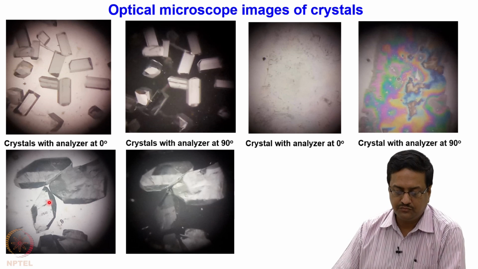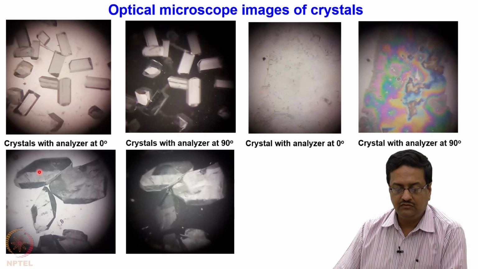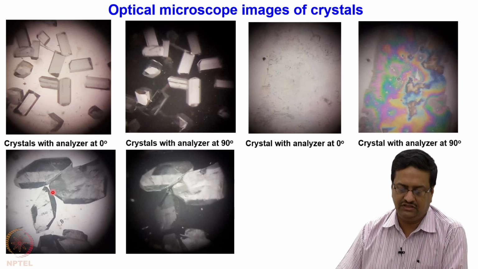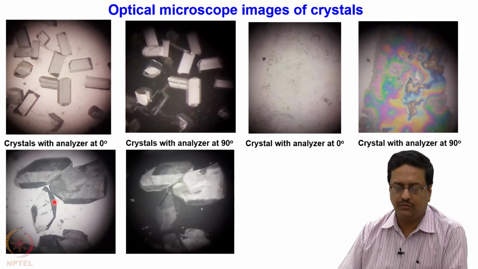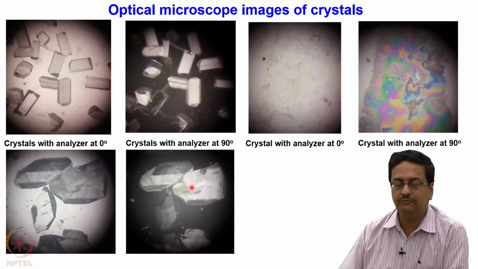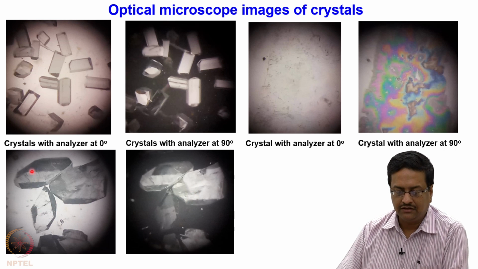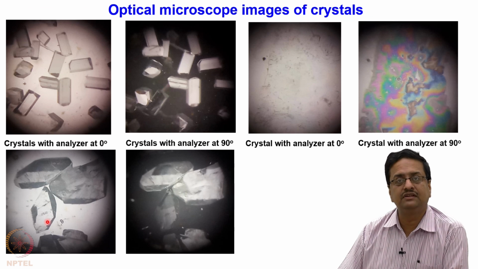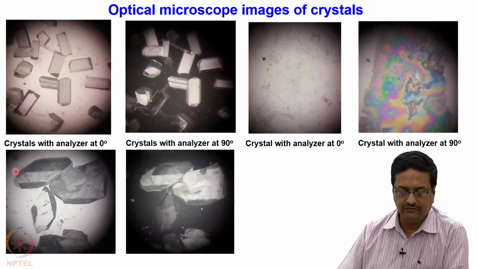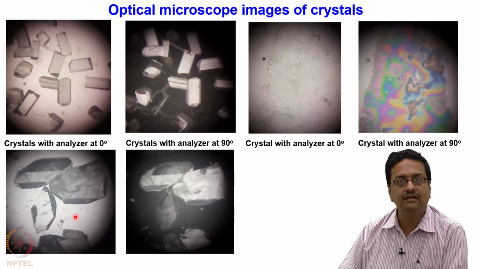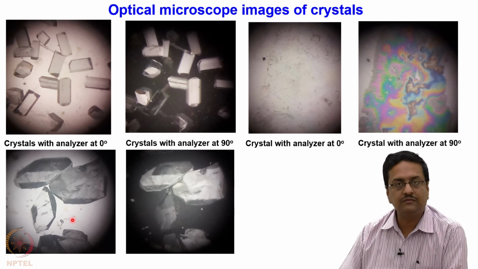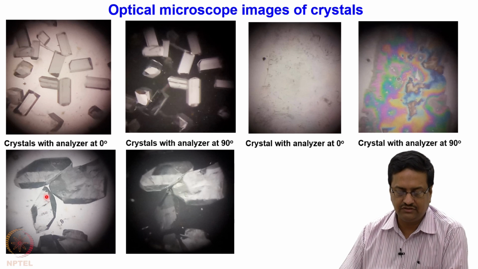In the figures at the bottom, we have a different set of crystals which are of irregular shapes. They are large blocks of crystals, but they do not have any particular shape, and some of them have some surfaces exposed. Once again, with the analyzer at 0 degree, you can see the light coming from the sides and passing through the crystal, giving a transparent view.